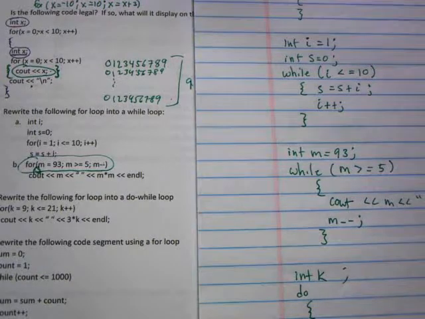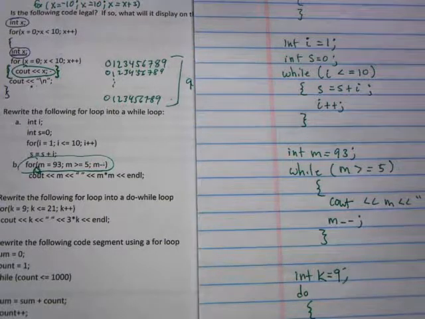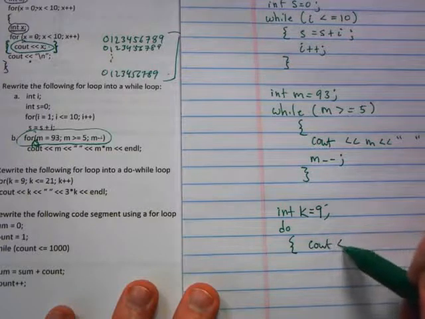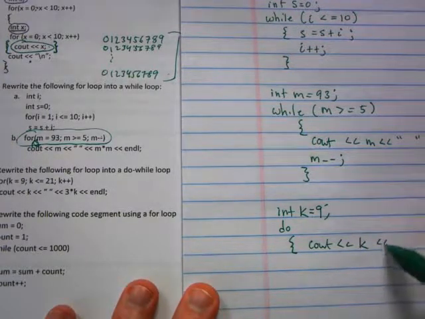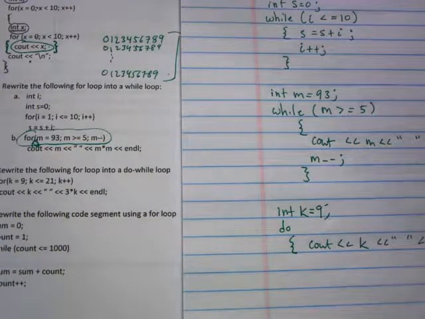What am I going to do? We do need the number, don't we? So we do need to initialize the k. Do. And then we would cout k and a space and 3 times k and then an endl. What comes next?